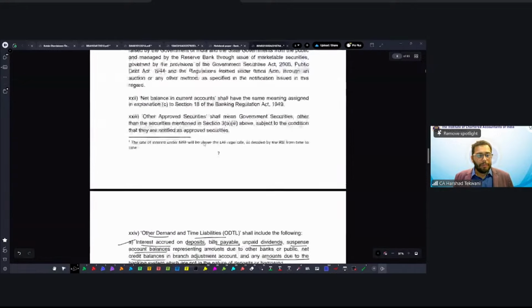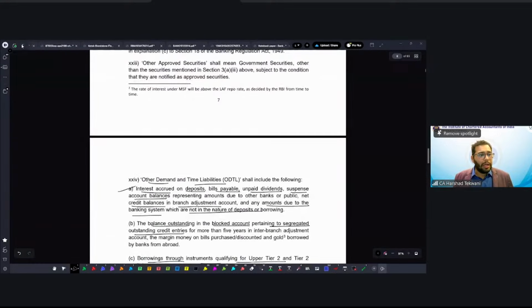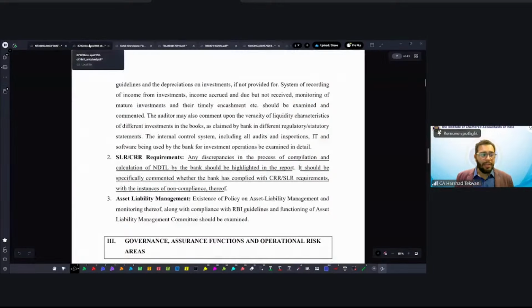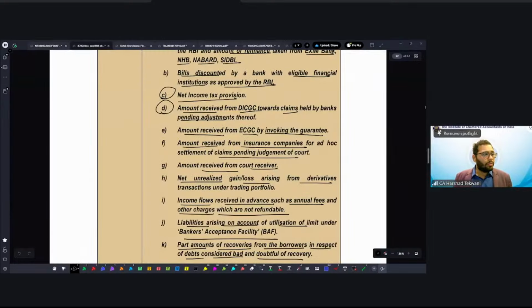So that is how you as an auditor are required to check whether this is calculated appropriately or not. And then you are required to report whether the bank is following this particular calculation appropriately. See this one.